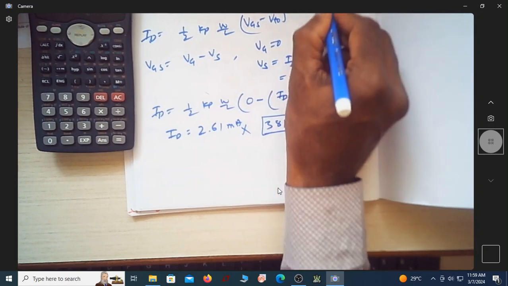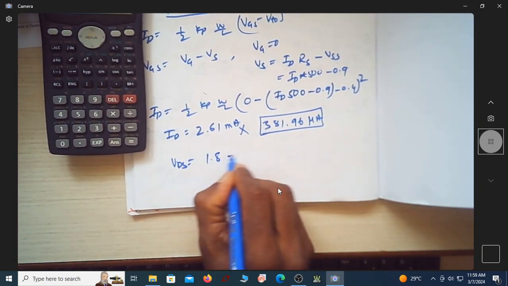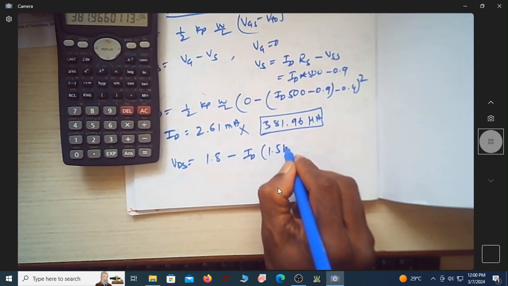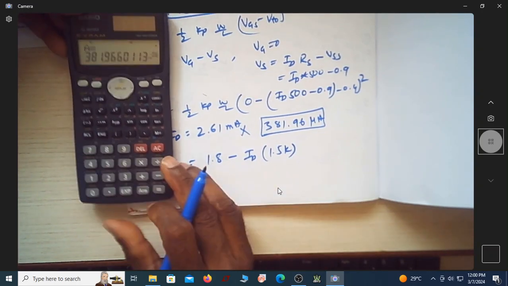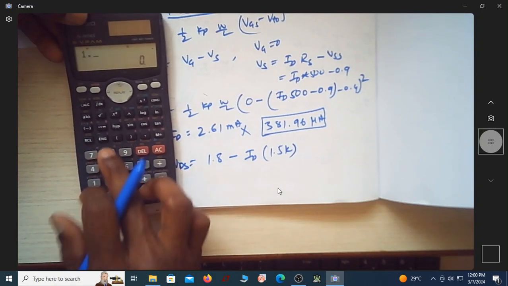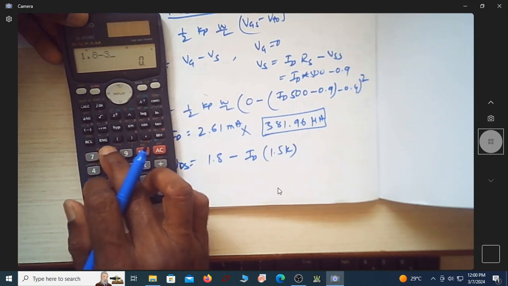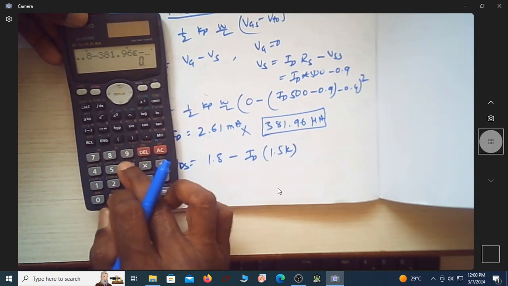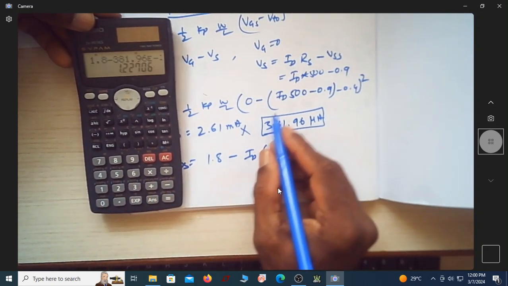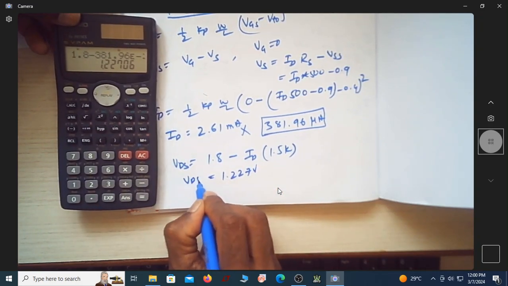I have this expression: VDS is equal to 1.8 minus ID into 1.5 kilo ohm, which is 381.96 exponential minus 6 into 1.5 exponential 3. Can you see, the voltage VDS is 1.227 volt.